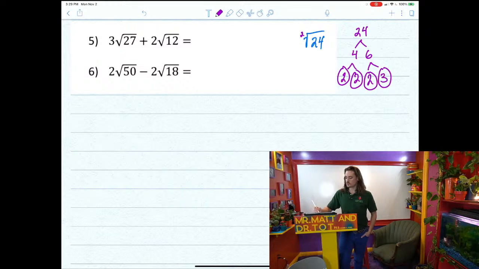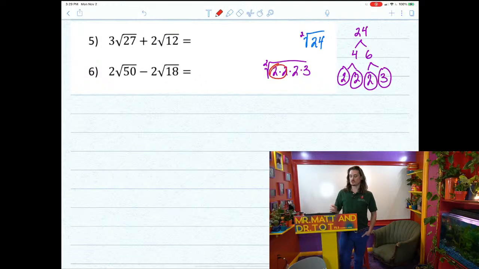So the square root of 24 would reduce into 2 times the square root of 2 times 3, which would simplify further into just 2 times the square root of 6.